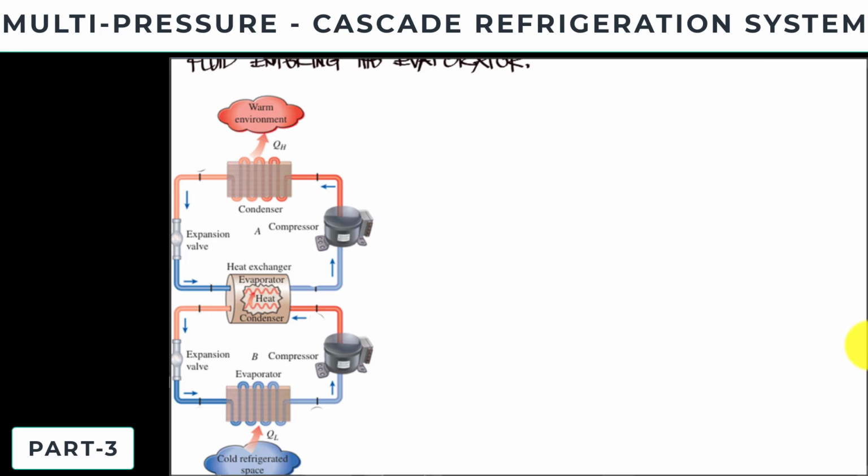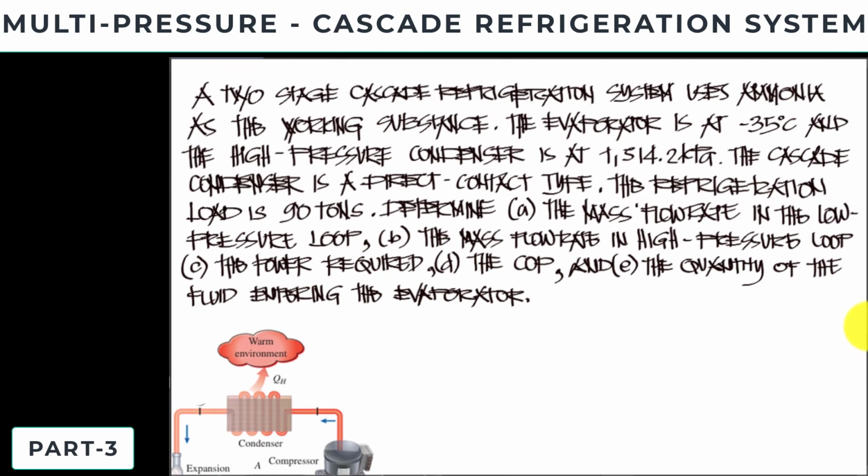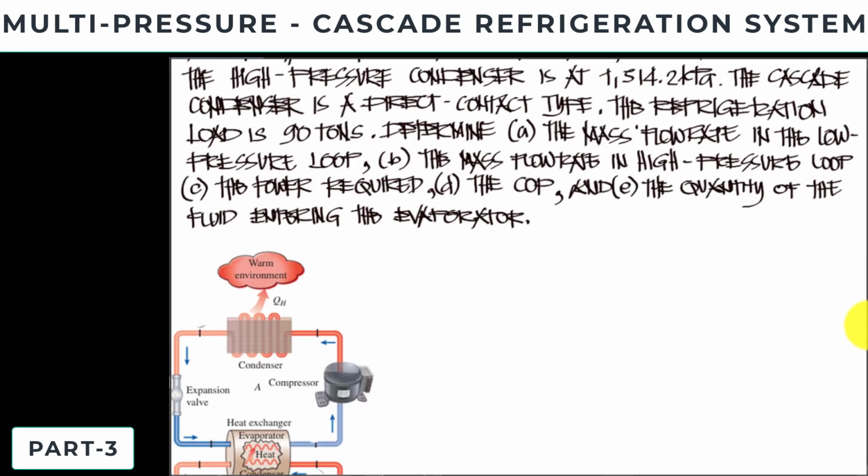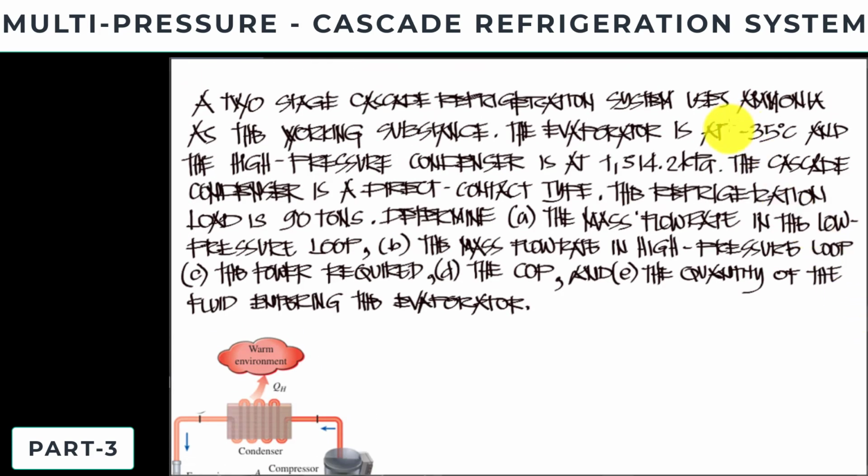And let's try to label what is stated in the problem. Initially we have the evaporator. We have ammonia, which is the refrigerant being used by the system.